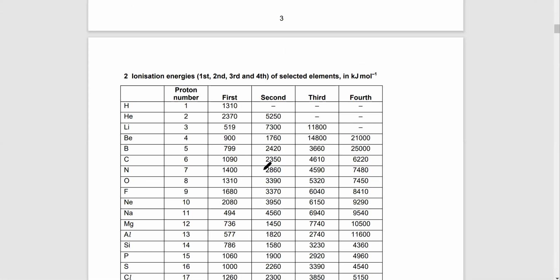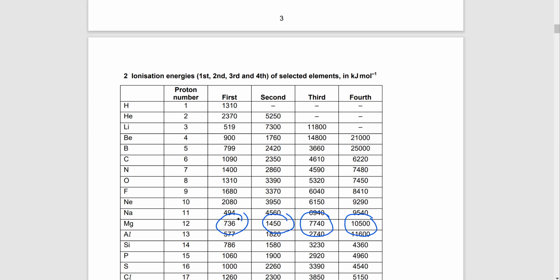For example, if you look at magnesium over here, it's 736, 1450, 7740, and 10500.